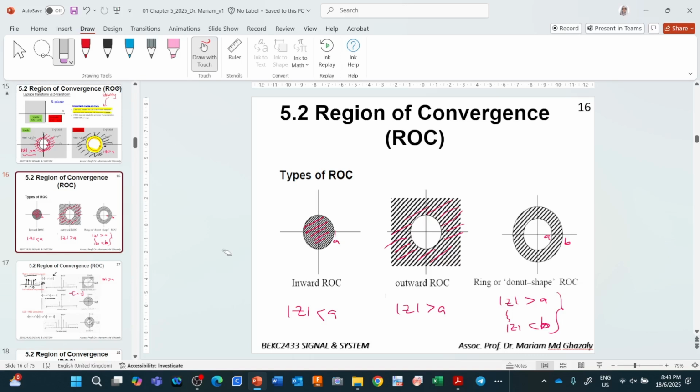Another one is 2 and minus 2. Let's sketch the first one, the region of convergence for Z more than 1/2. It means it's going outward, right? Another one is Z less than 2, which means it's going inward.